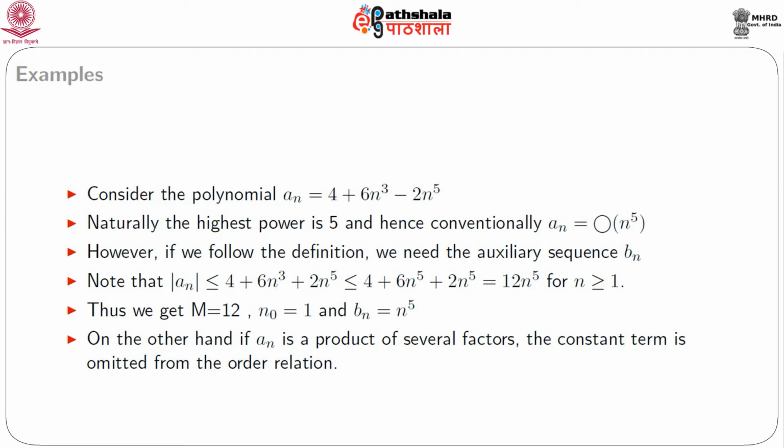Now, absolute value of a_n is less than or equal to 4 plus 6n cube plus 2n to the power 5, which is again less than or equal to 4 plus 6n to the power 5 plus 2n to the power 5 equals 12n to the power 5 whenever n exceeds 1. Thus, we get M as 12, n naught as unity, and b_n as n to the power 5.